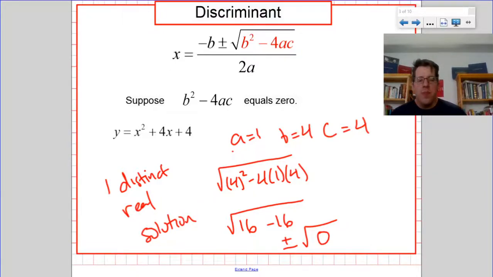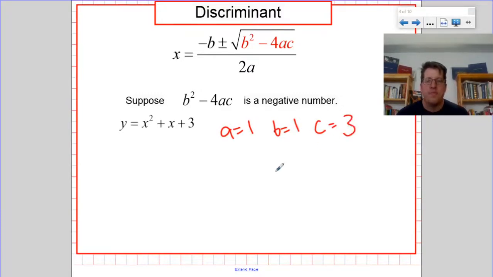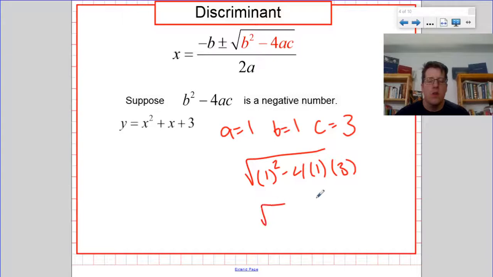Now, the one that comes next is really going to help us see what's going on with this, okay? So here's our last situation. What happens if b squared minus 4ac is a negative number? All right, here a is 1, b is 1, and c is 3. Well, b squared minus 4ac is going to be 1 squared minus 4 times 1 times 3, which is 1 minus 12, or -11.